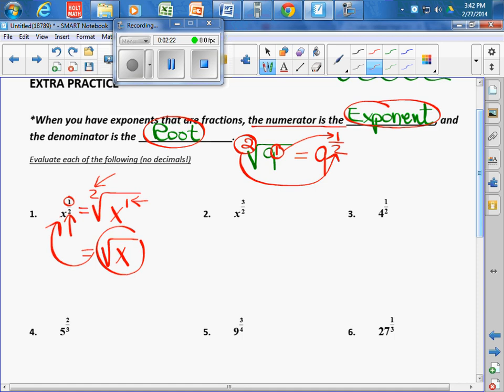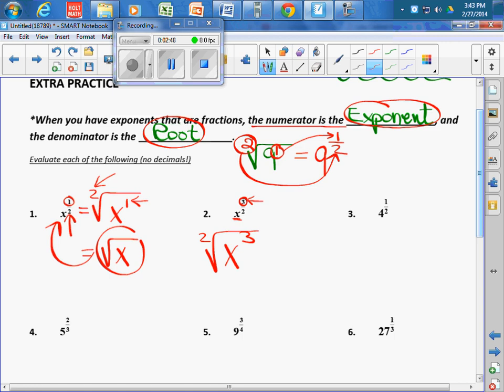Let's look at number 2. What number goes inside the 3? So now, x is always the base, and it's always going to be the base in this problem. We have x to the what power? To the third power. And we're looking for the square root. We don't write the 2, we could put that 2 here. That means the square root of x to the third.